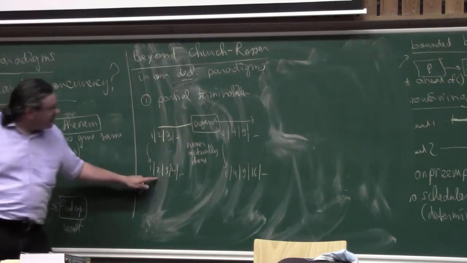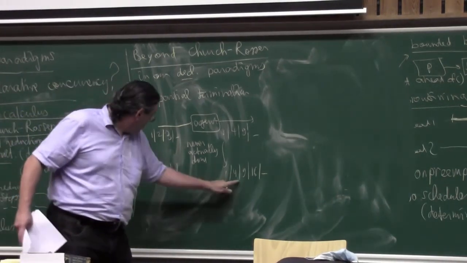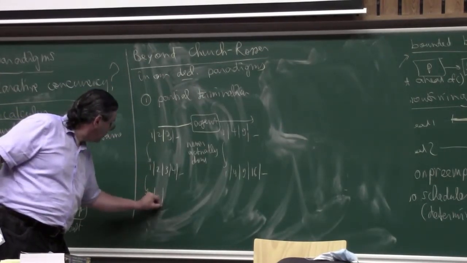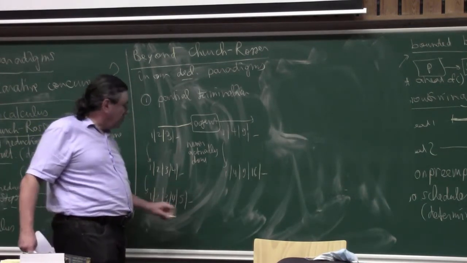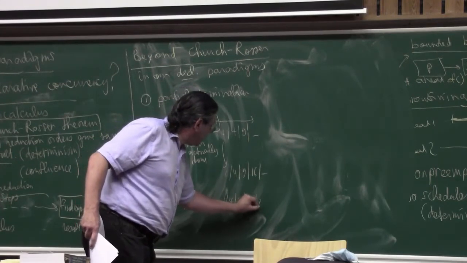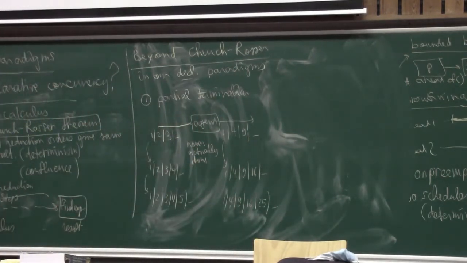So all of a sudden, it's not done anymore. We have new computation, and we get 1, 4, 9, 16. And we can keep extending. We can add another input. So you can see that Church-Rosser doesn't really apply, because Church-Rosser has a beginning and an end.